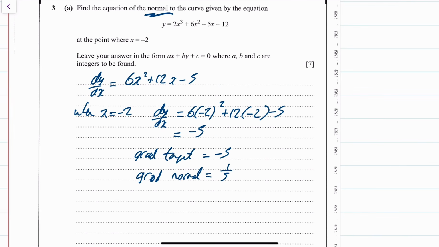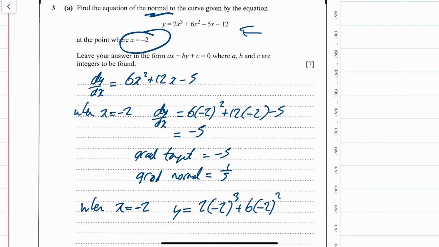Right, we also need to find a y value for my curve. So when x equals minus 2, y equals, putting minus 2 into the original equation, 2 times minus 2 cubed plus 6 times minus 2 squared minus 5 times minus 2 minus 12.